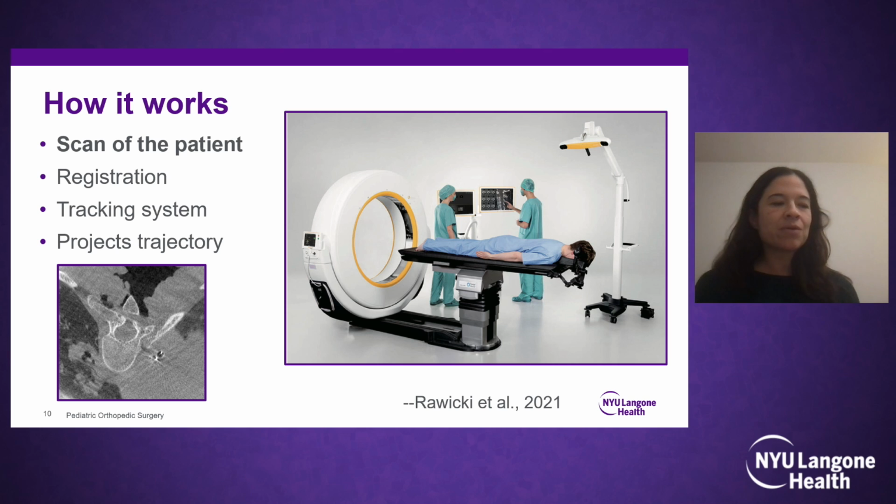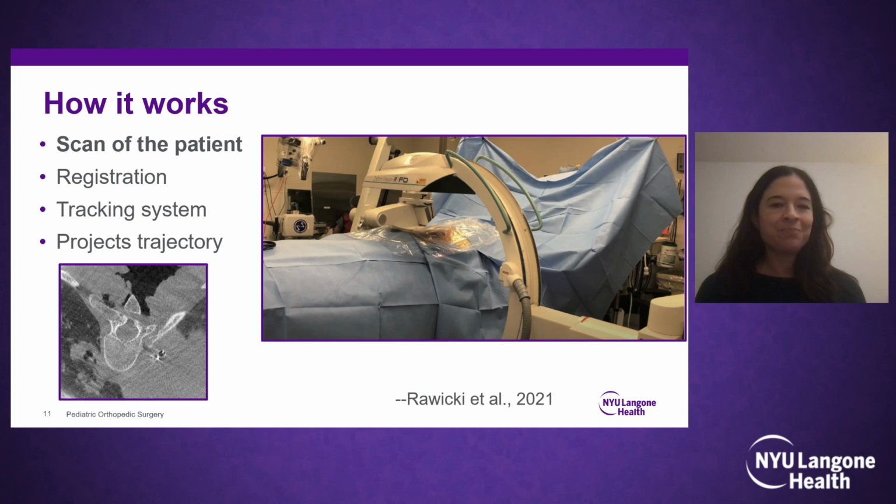So in our current workflow, the scan is most commonly done after exposure of the spine. This example here is showing an O-arm, which really can capture the largest field of view quickly. Some of the other ways you could scan the patient would be three-dimensional fluoroscopic units, such as the Cios Spin. These can be used to acquire the image.